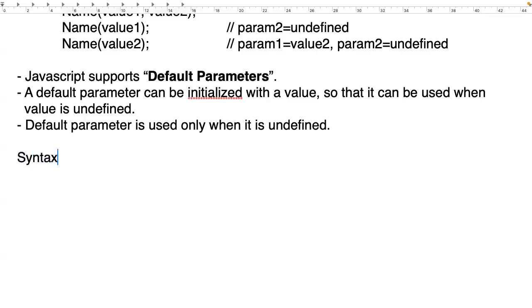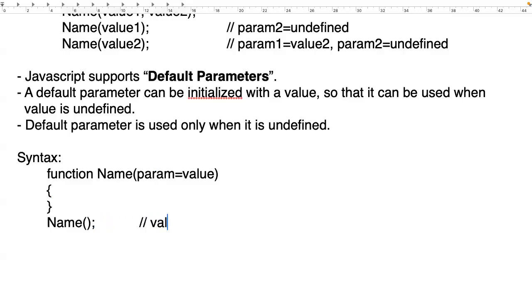So syntactically, you can have a function with a name. Parameter can have a value. If you just pass and it takes the value, so if you pass a new value, then you know the new value is used.